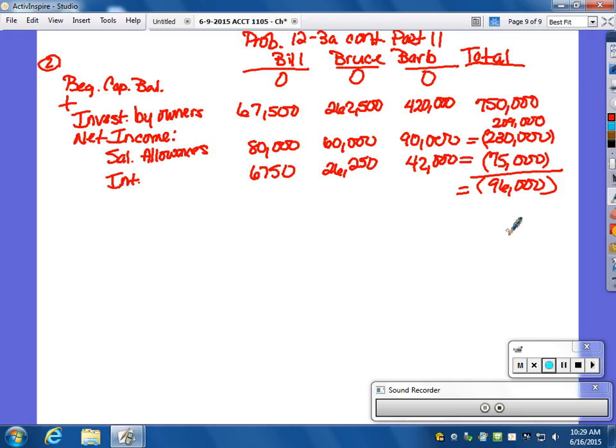Remember the same ratios? Didn't they do a 20, 40, 40 split? Oh, yeah, that's true. So 20% times 96,000, 40% times 96,000, and 40% times 96,000. So how much for Bill? 19,000.